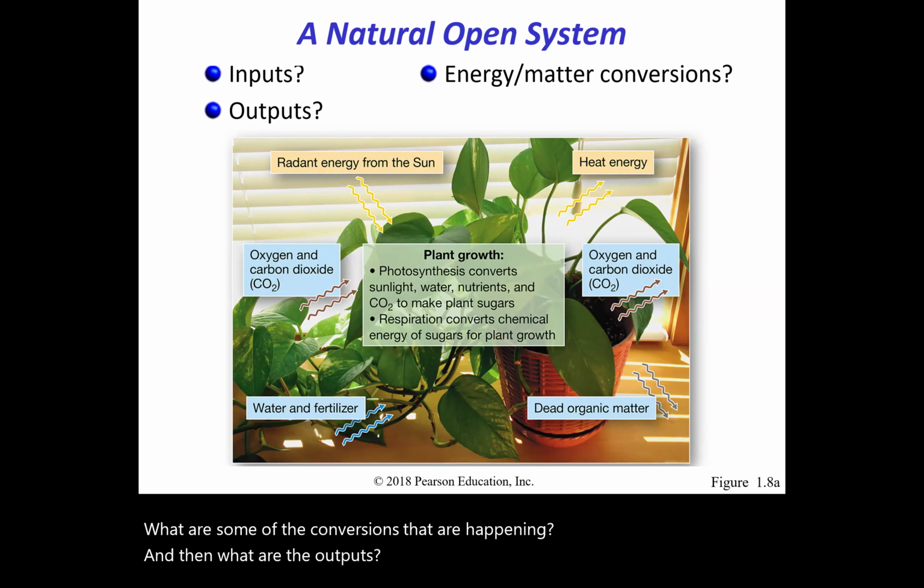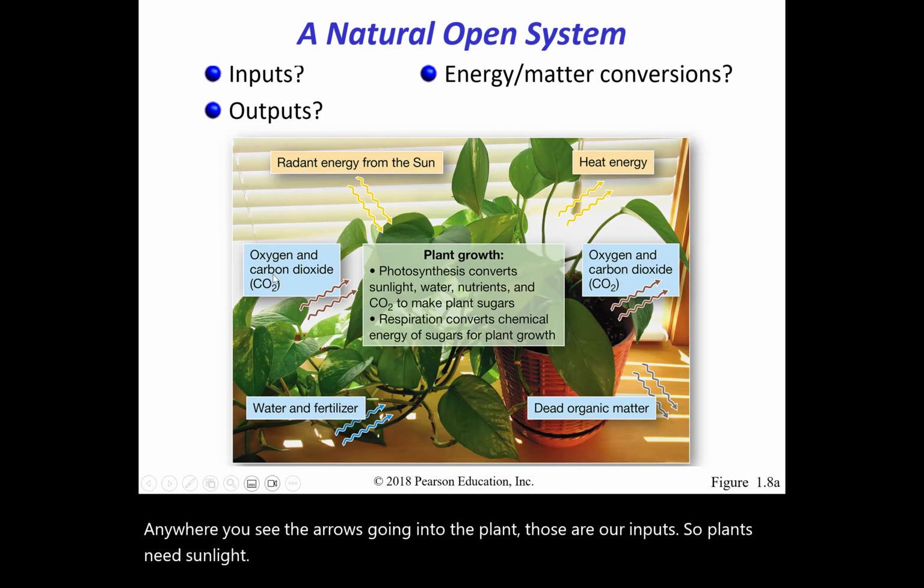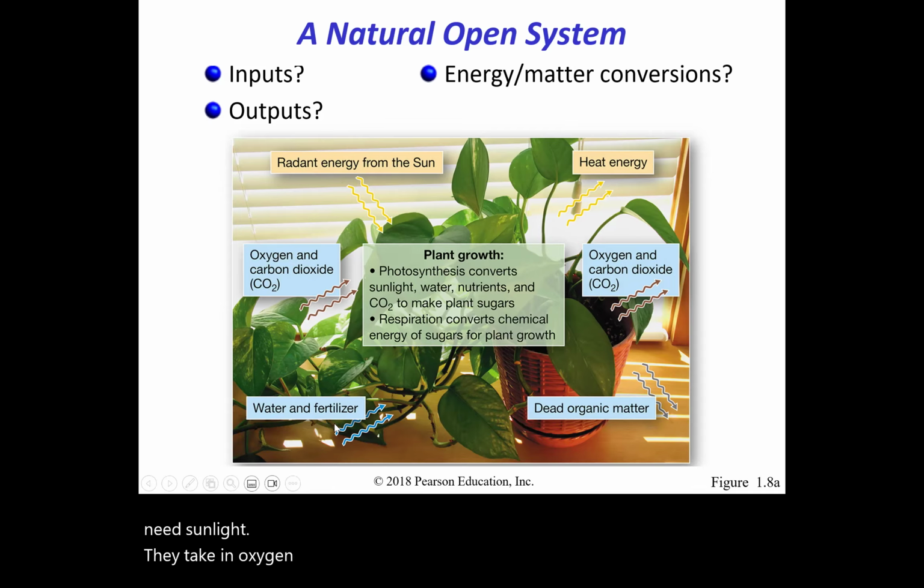So we have inputs. Anywhere you see the arrows going into the plant, those are our inputs. So plants need sunlight. They take in oxygen and carbon dioxide. They need to be watered. Fertilizer certainly helps the plant grow. And then here in the green box, that's all of our energy and matter conversions.